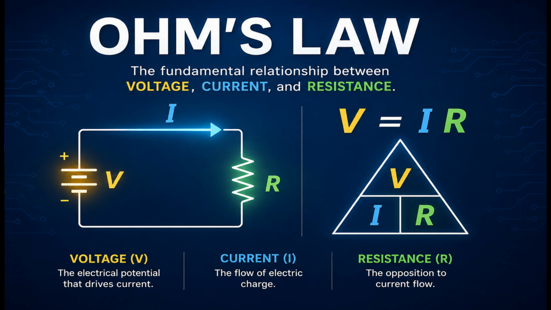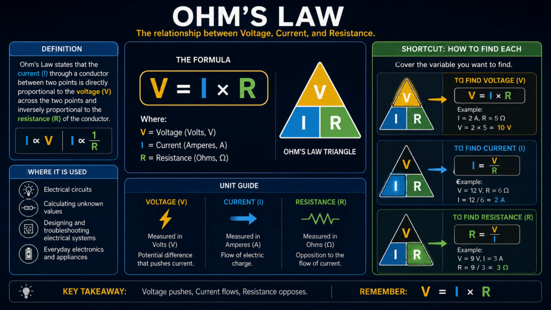But overall, voltage, current, and resistance work together. And this is what Ohm's law is: the fundamental relationship between voltage, current, and resistance. And resistance pretty much limits the amount of current and causes a drop in voltage. So it limits the amount of current going through the circuit.